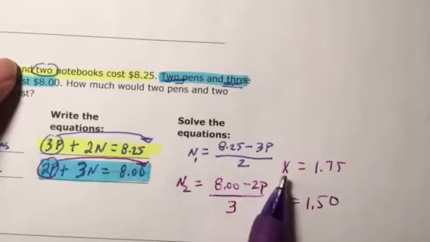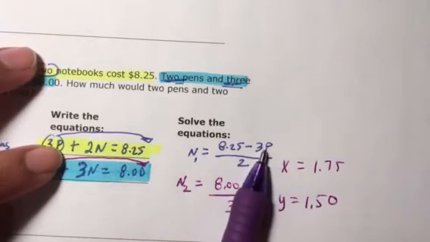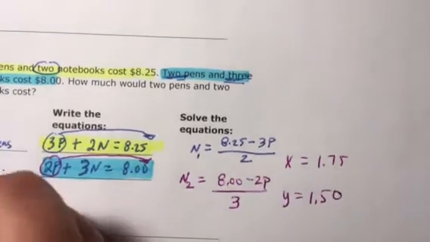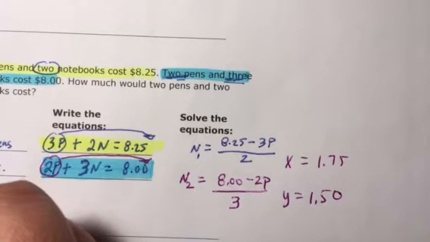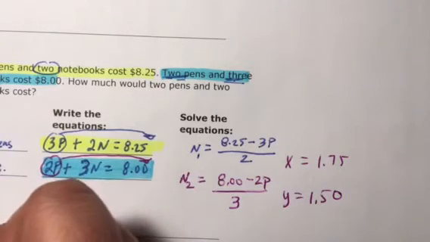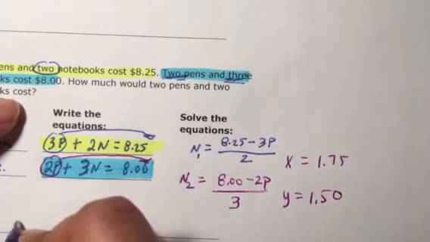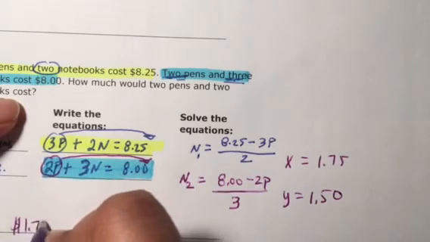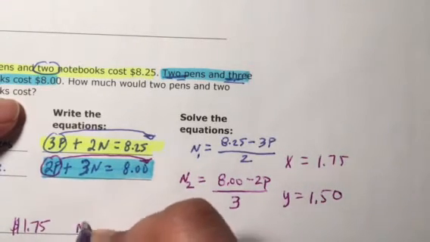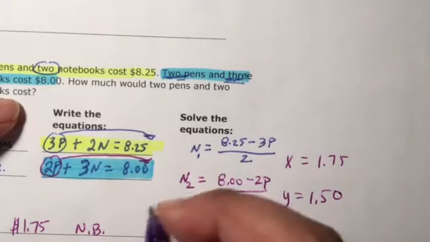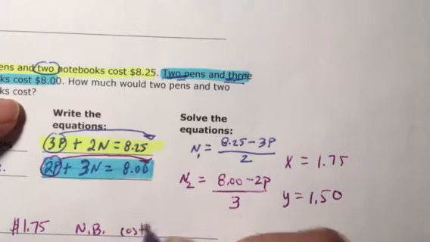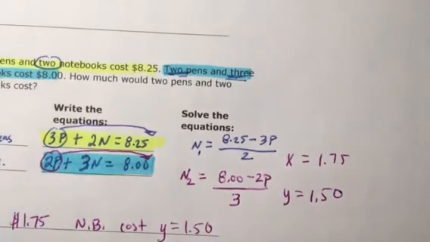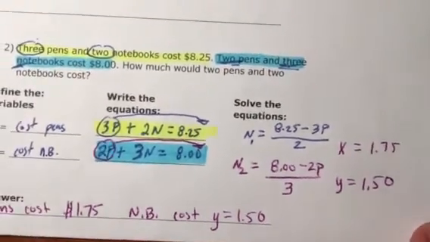Okay, so x in this case was the P. So we would say the pens cost $1.75 and the notebooks cost, remember that's the y, $1.50. And that's your answer.